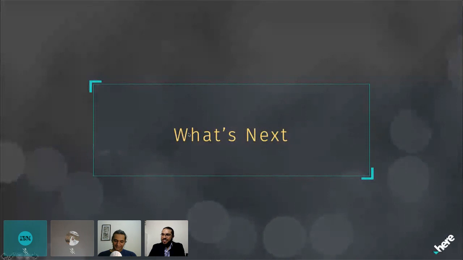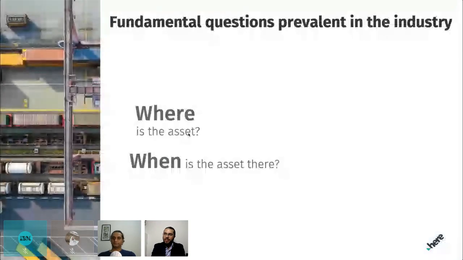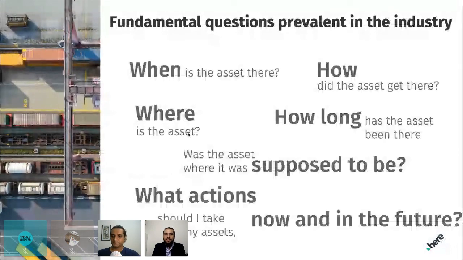So what's next? Part of the discovery that we had during the call was the question of the where. It is the location. Is it either an asset, a sensor, IoT, mobile phone, people, machines? It's always a big question where to find this type of information.